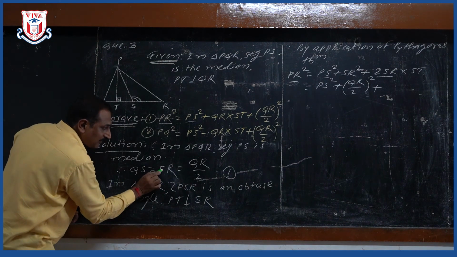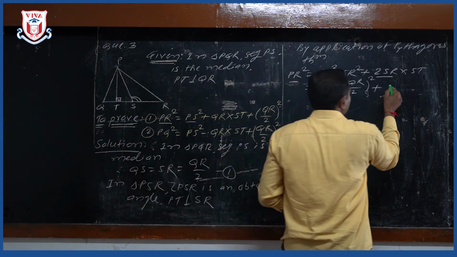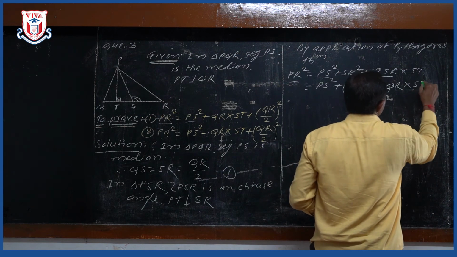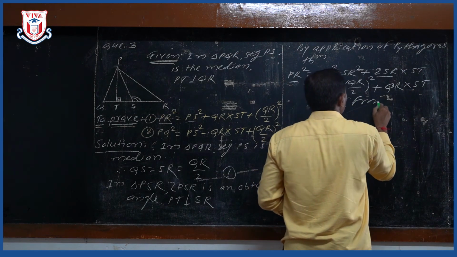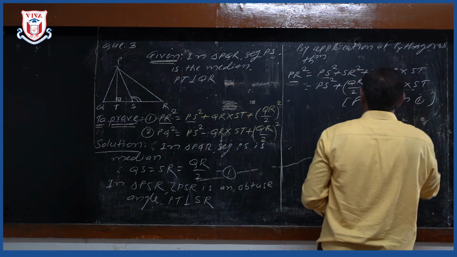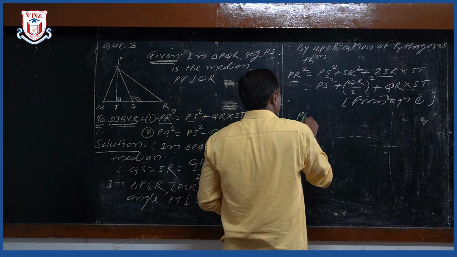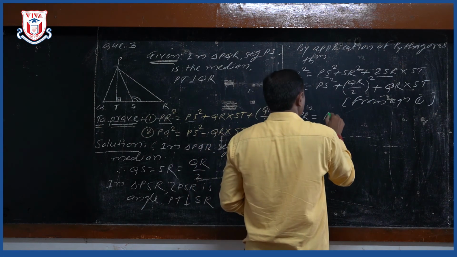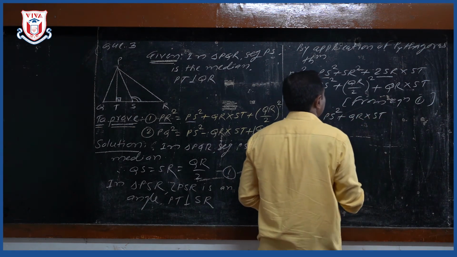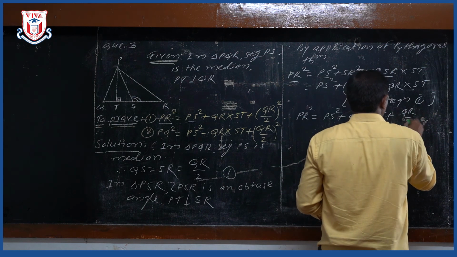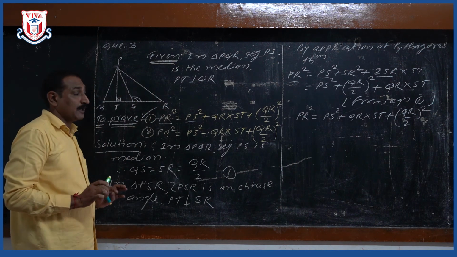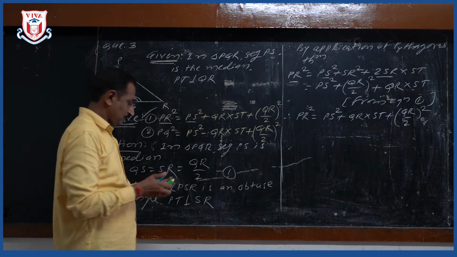Therefore, 2 SR is equal to QR. I write here 2 SR means QR into ST from equation first. Hence, you write this PR square is equal to PS square plus QR into ST plus QR by 2 bracket square. This is the proof. Now, second one.